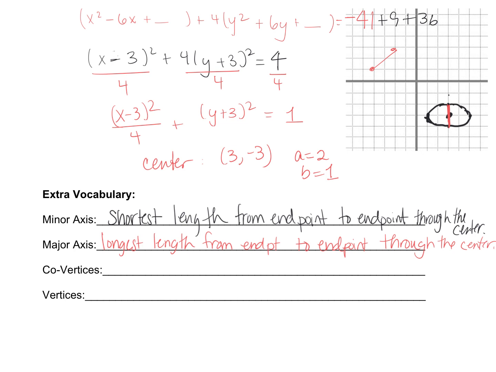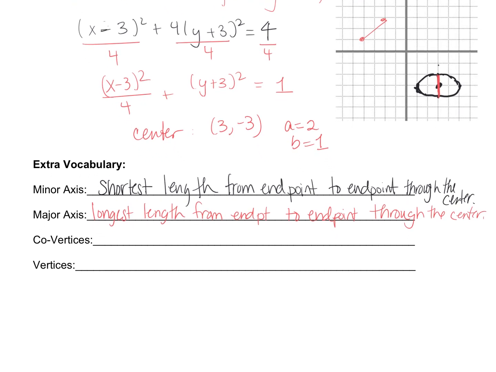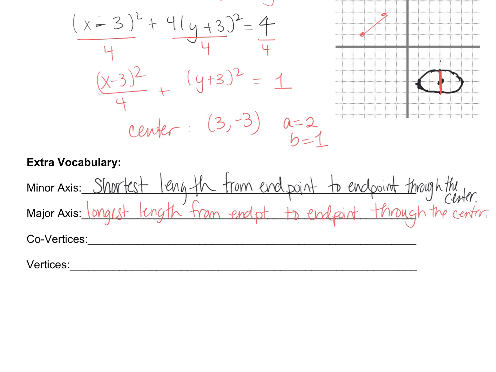But that's not the length of the line. The slope is telling me go up 1 over 1. So the length is the whole. So think about it. We'll come back to it. Nobody can remember. Okay, let's talk about co-vertices.